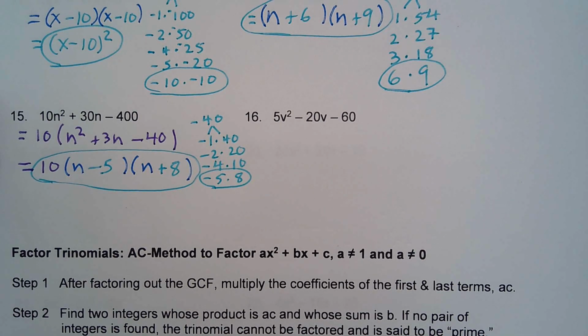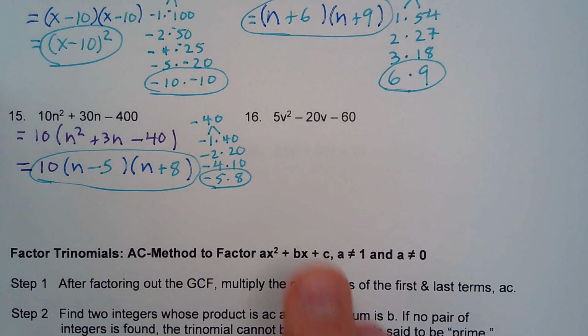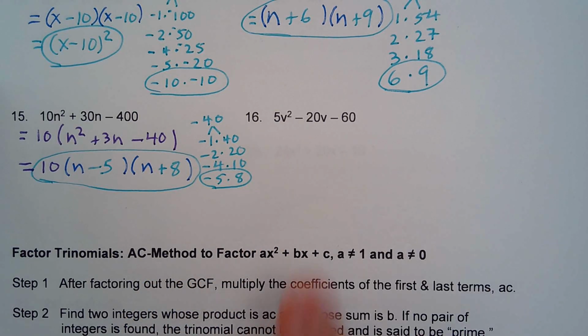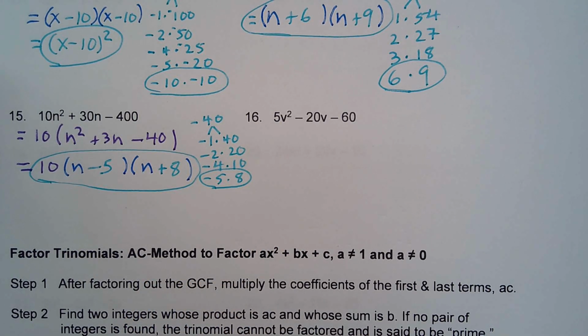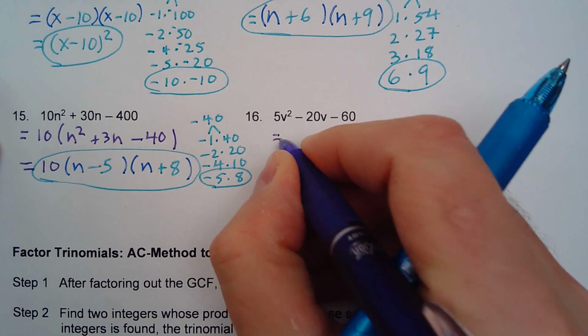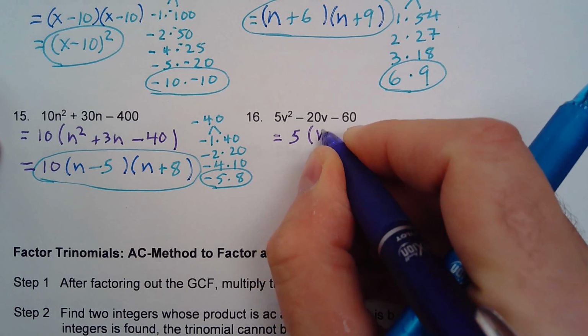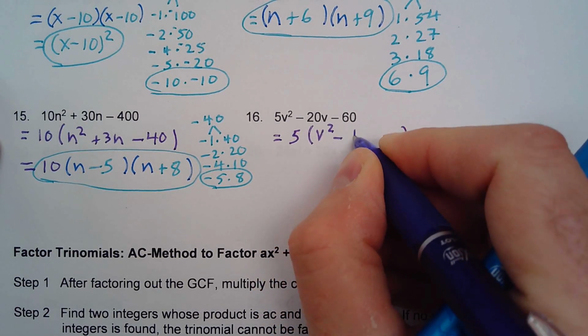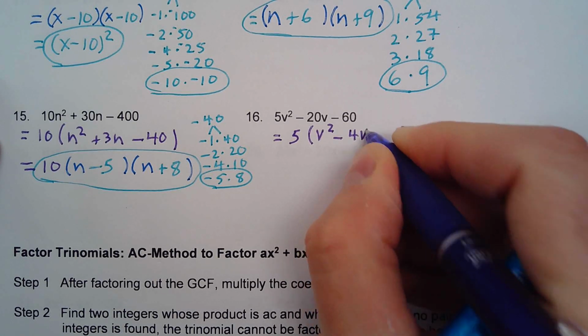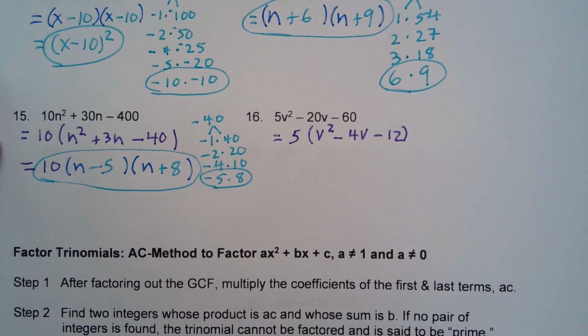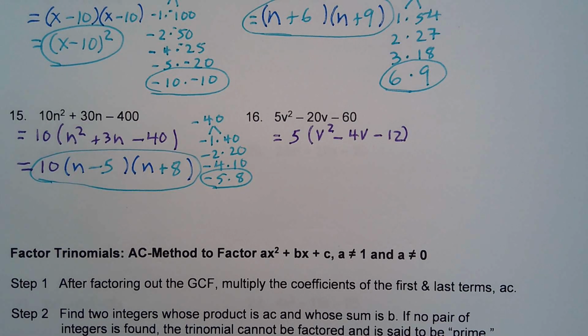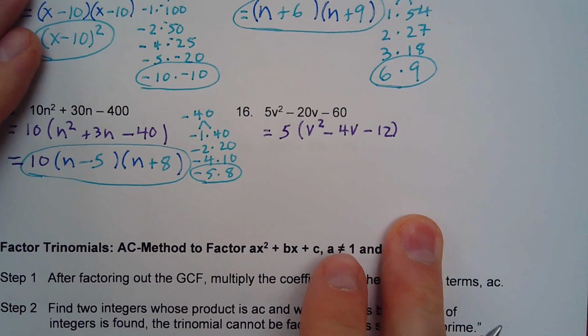So for number 16, we want to do the same thing. Greatest common factor is 5. Let's take that out first. So that'd be v squared minus 4v minus 12. And now I'm going to be working on breaking down factors of 12.